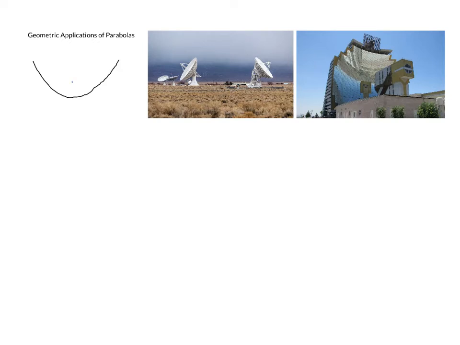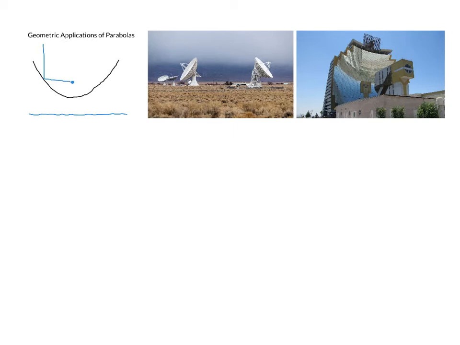If we draw in the focus here, the property of parabolas is that any light wave or sound wave that comes in towards the parabola perpendicular to the directrix gets reflected off the surface of that parabola directly into the focus.